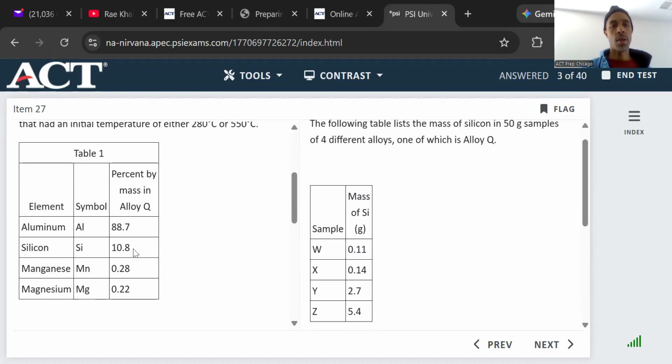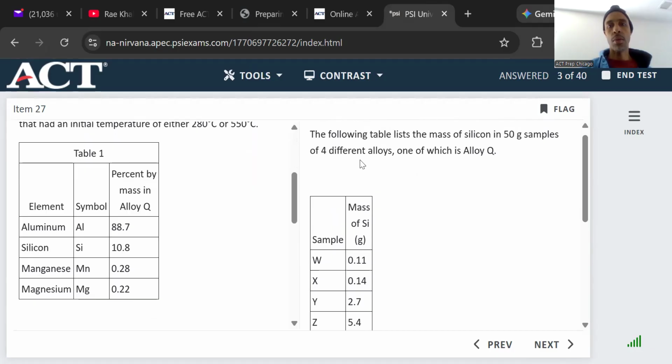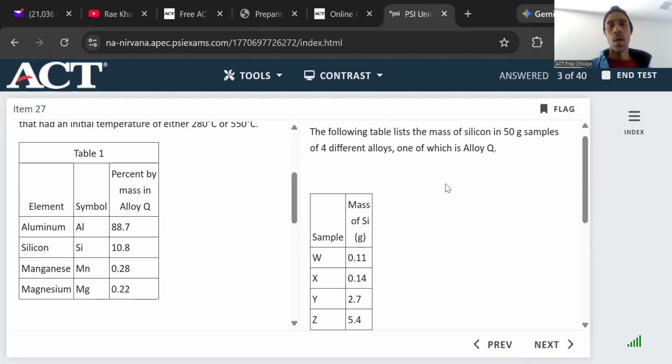So 10% silicon. The following table is the mass of silicon in 50-gram samples, right? They said it's 10% silicon in alloy Q. So if this is a 50-gram sample, we need 10% of the 50-gram sample to be silicon in alloy Q. So if we did 10% of what?